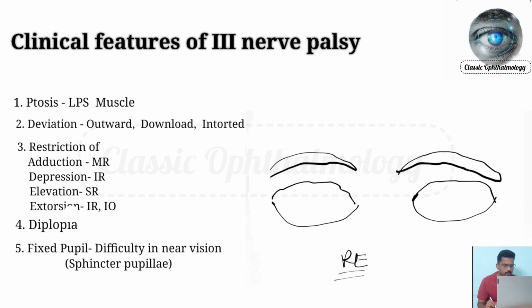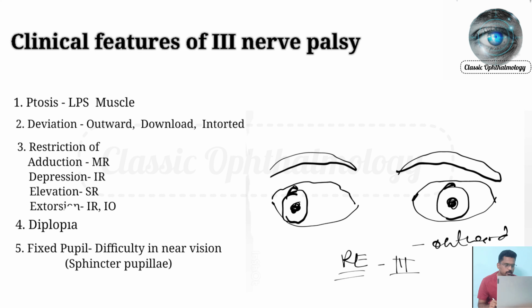With involvement of the third nerve in the right eye, the left eye appears normal, but the right eye is directed outward and downward. The outward and downward deviation is classical of third nerve palsy.